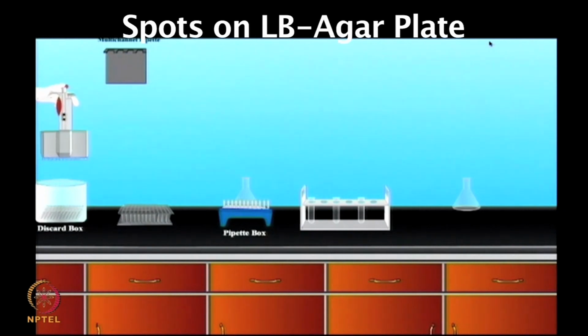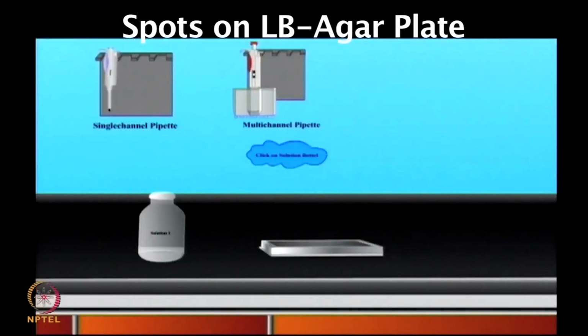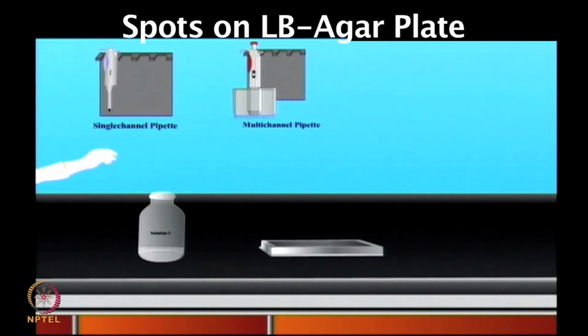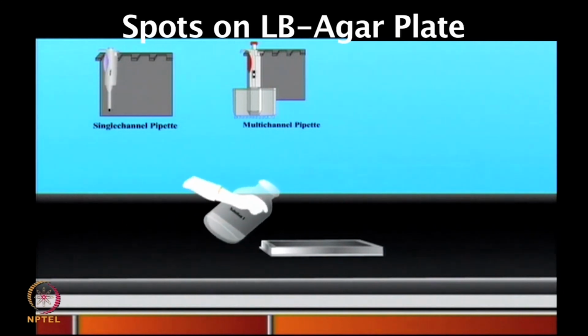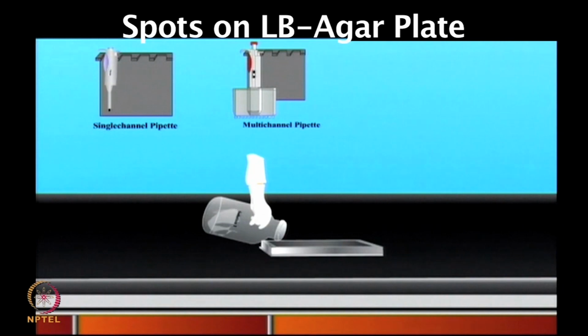Discard the tips, and once you have completed that for all the wells, you are ready to perform the DNA plasmid isolation. Remember your basic molecular biology, and you need to prepare solutions 1, 2 and 3 for doing the plasmid preparation.